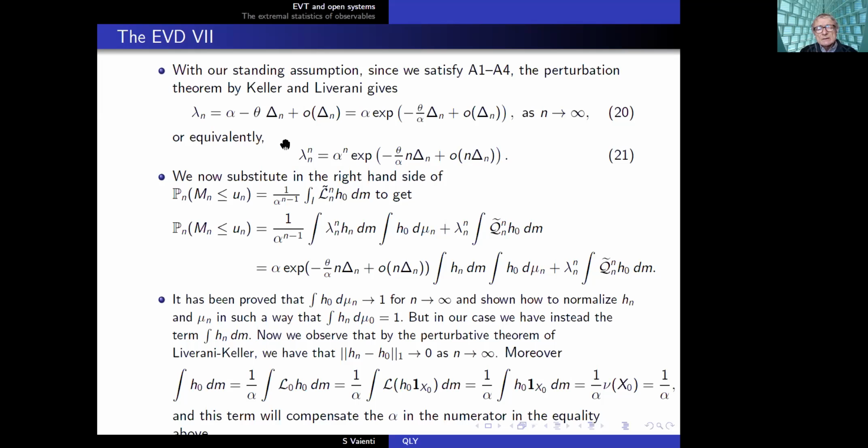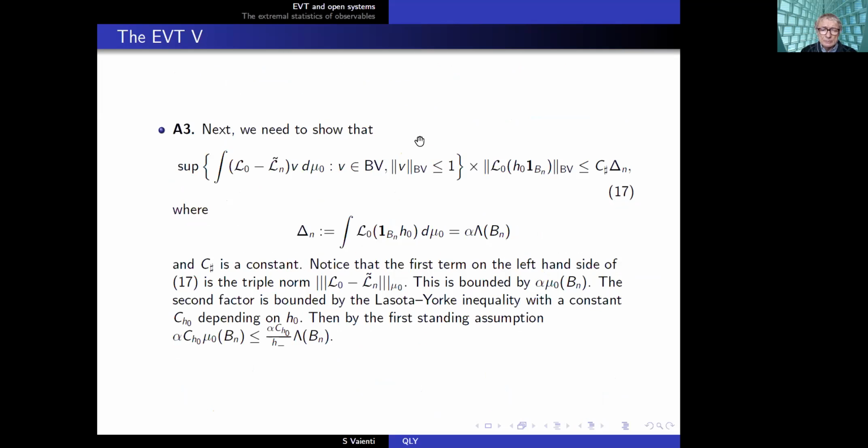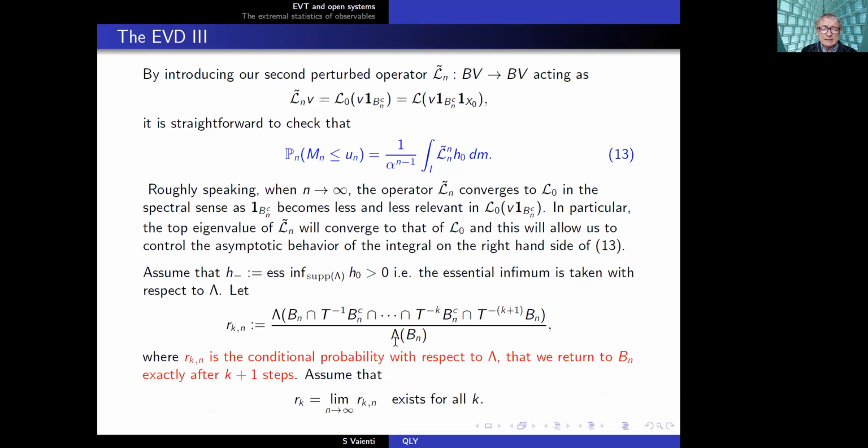Okay, the main point is the top eigenvalue lambda n of L tilde n can be obtained by this asymptotic equality, and you see here appearing theta, which is the extrema index which I introduced before, and lambda n is defined, wait a moment, lambda n is this quantity here, exactly the invariant measure which lives on the surviving set of the target set.